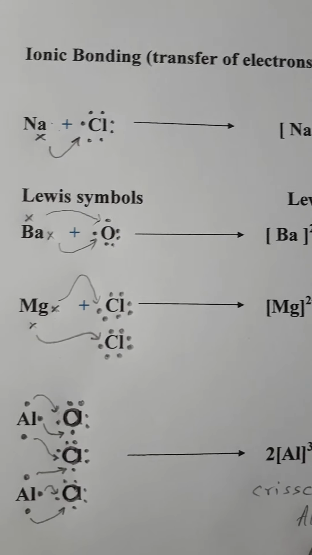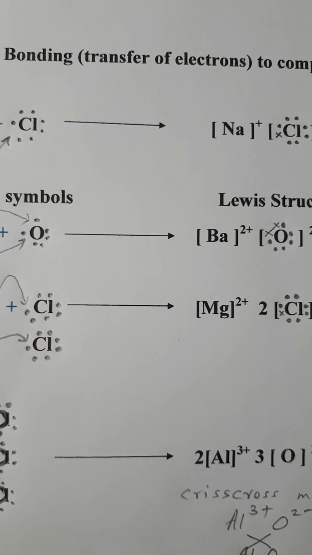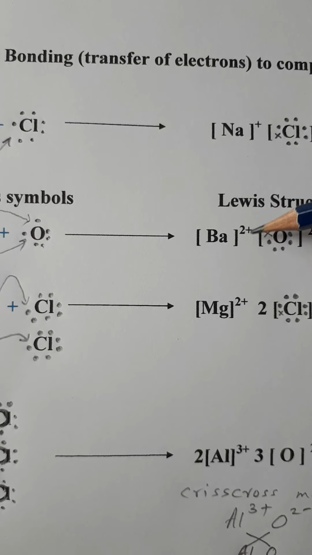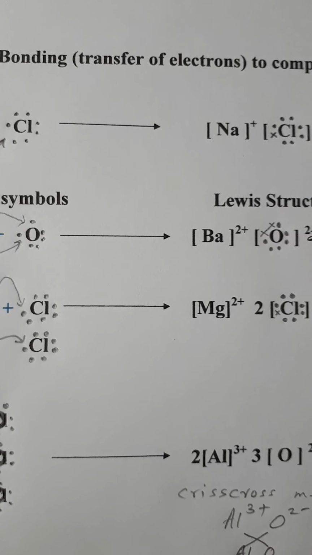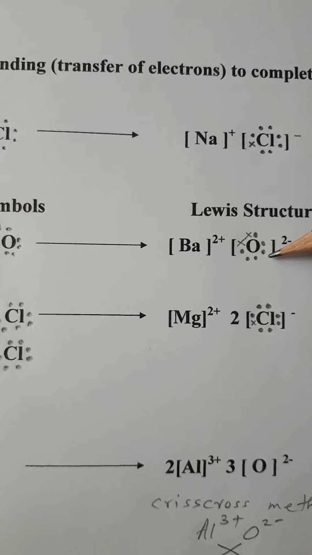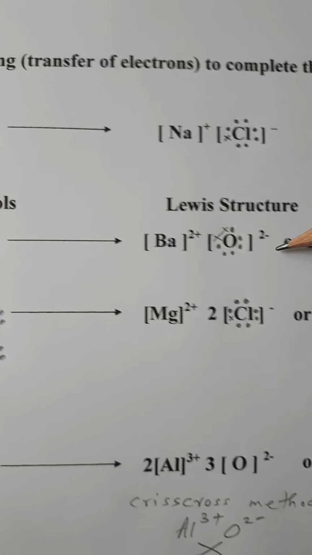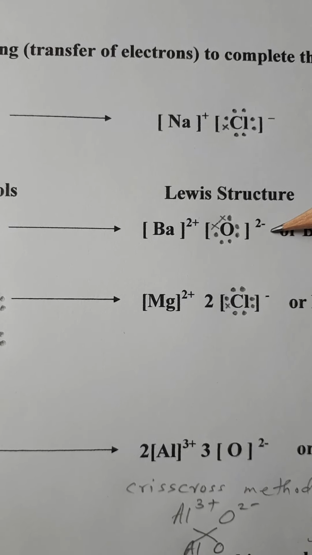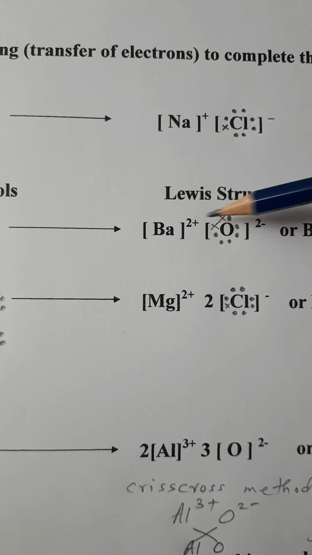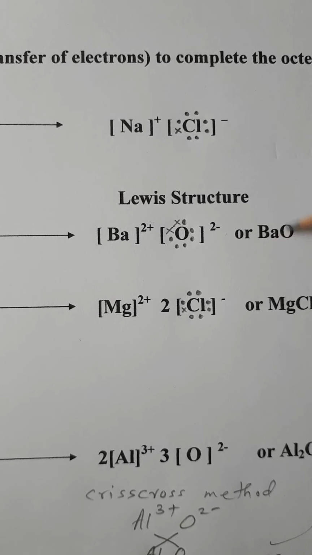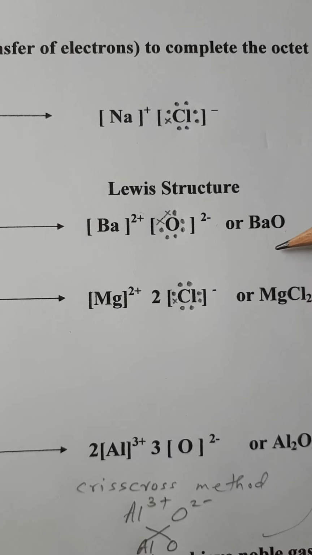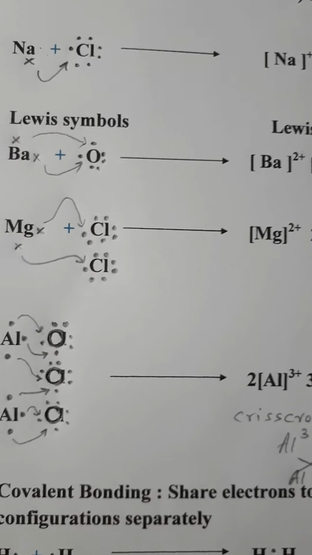And then you end up with barium lost 2 electrons, so it became barium 2 plus. Oxygen atom gained 2 electrons, so it became 2 minus. And without showing charges, we just call it BaO or barium oxide. This is the chemical formula for barium oxide.